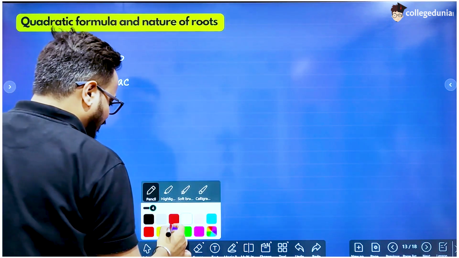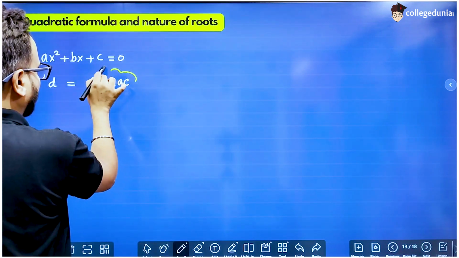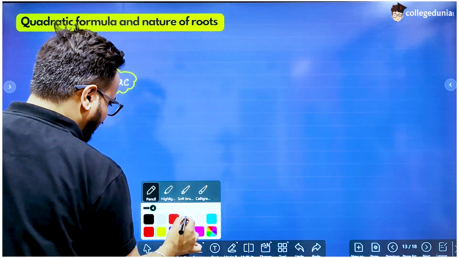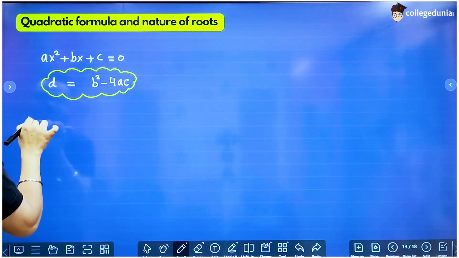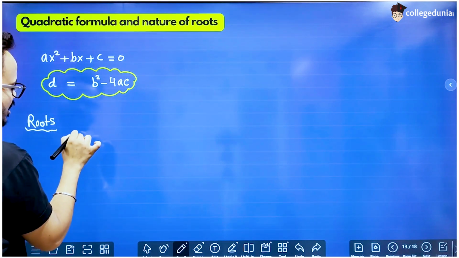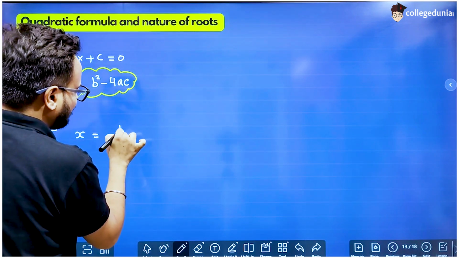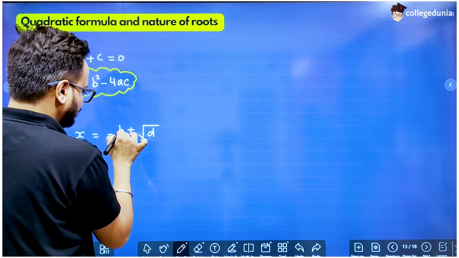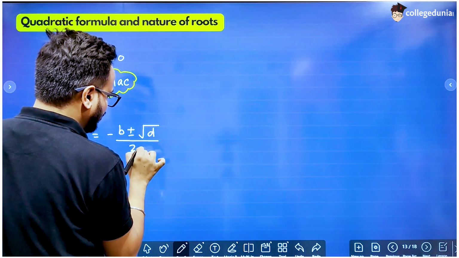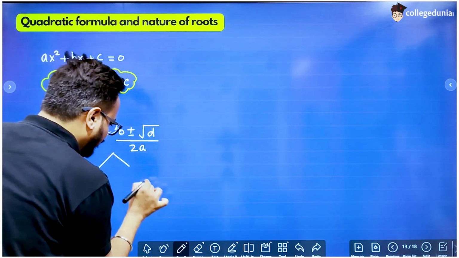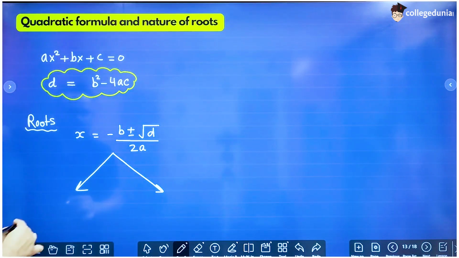So you will find the discriminant, and without going into the derivation part, the roots of the equation will be minus b plus minus under root D divided by 2a. So you will get two values. We know that the quadratic equation has two roots.